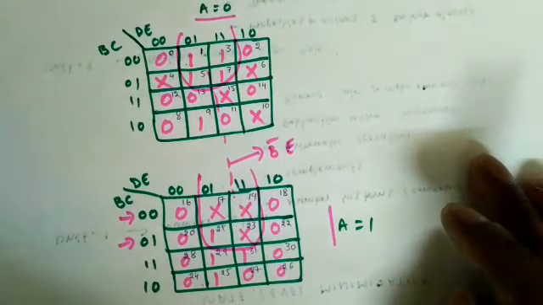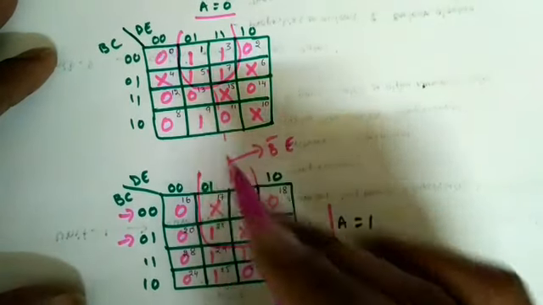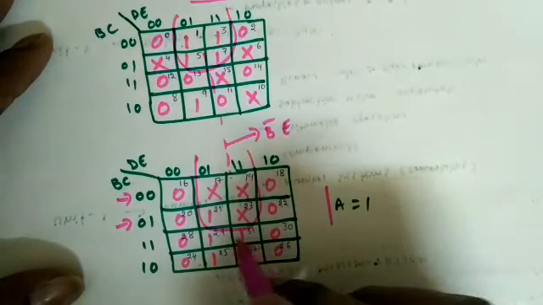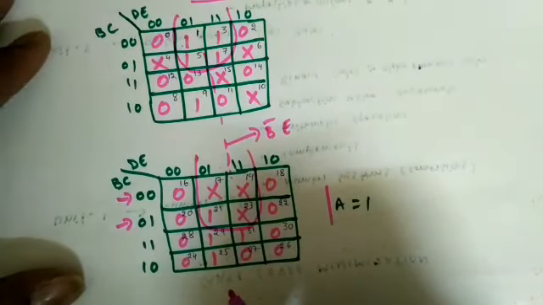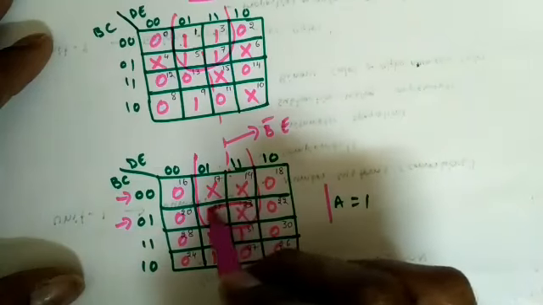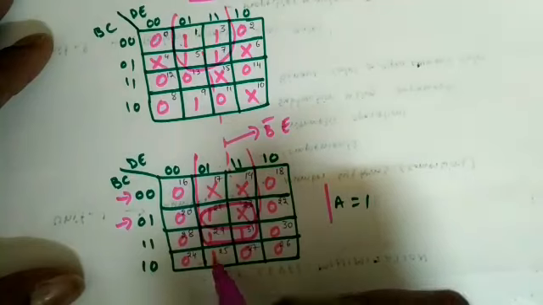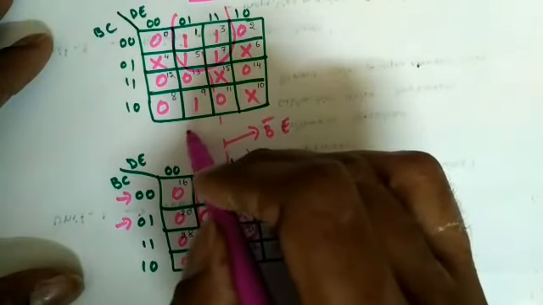Now, is there any octet possible? Okay. Only one is left here, and here 3 are left. So what I can make here is, simply, a quad like this. Yes or no? Then only one is left. So what do I do?